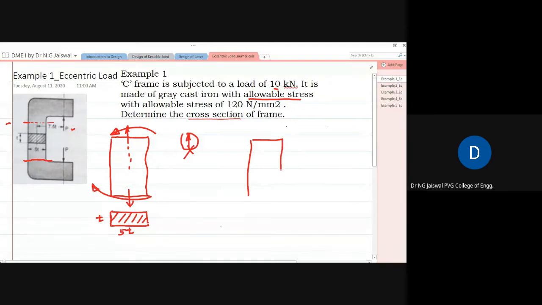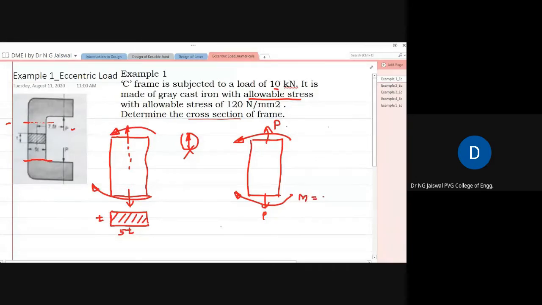I should get something like this. This is one direct force, and this is one bending moment. This force is now P, and this is some M. What is M?